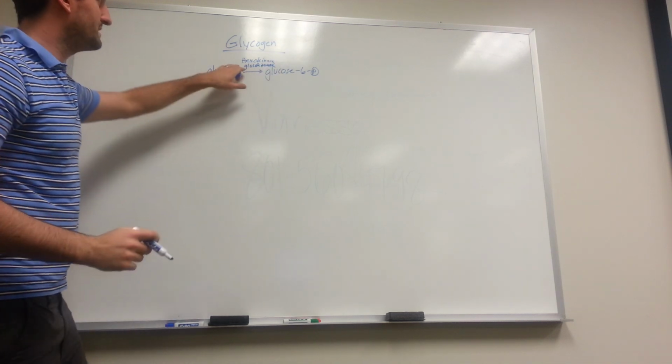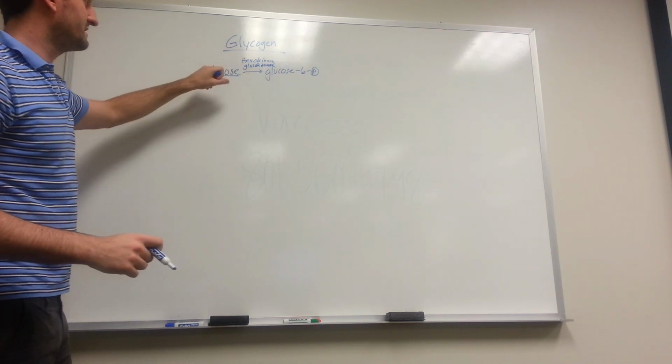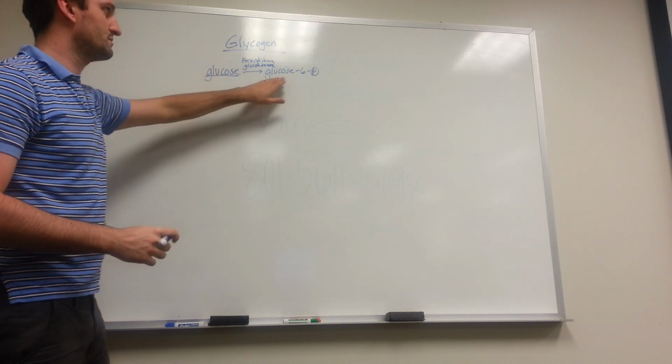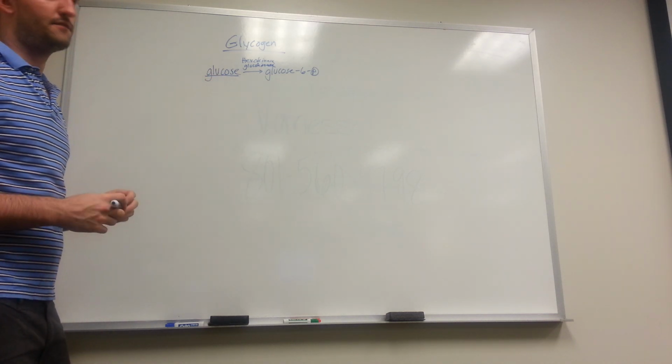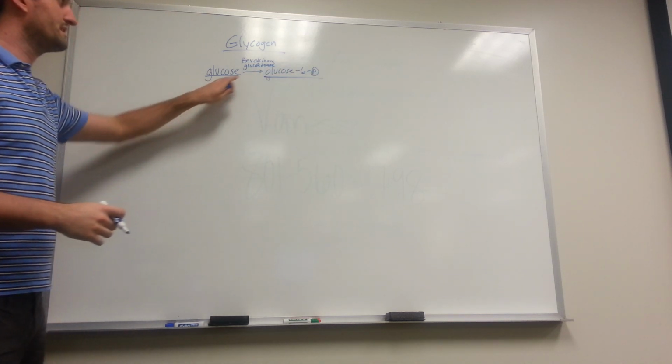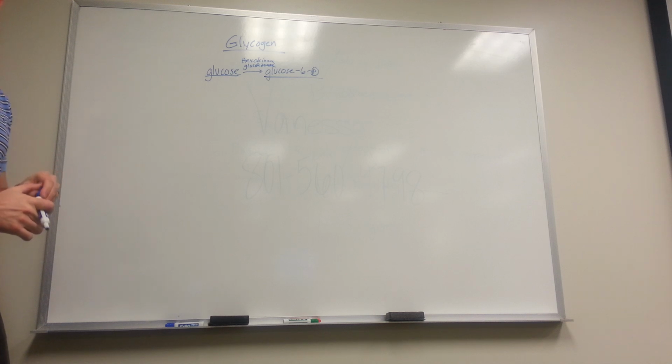These two enzymes are found in different places, one's always active, one's not important. We're going to convert glucose into glucose 6-phosphate. This step right here is going to be a step of glycolysis.